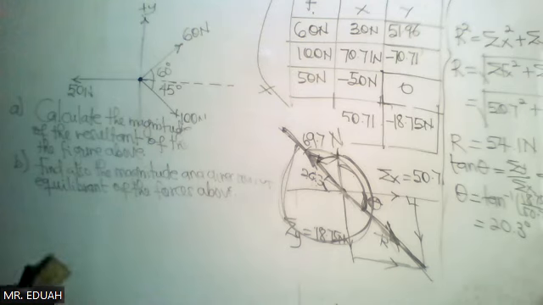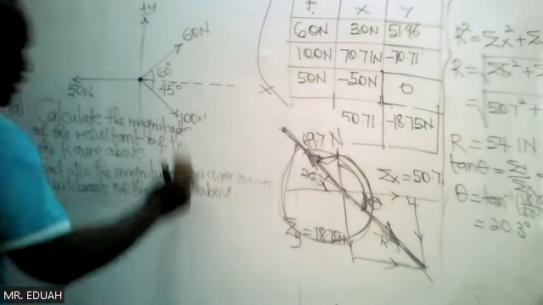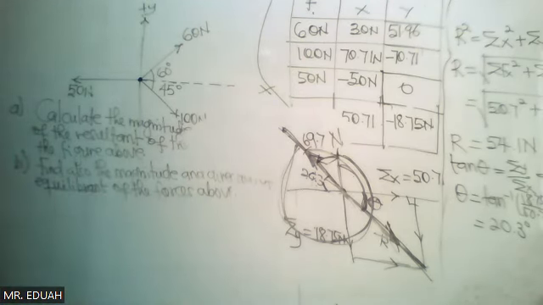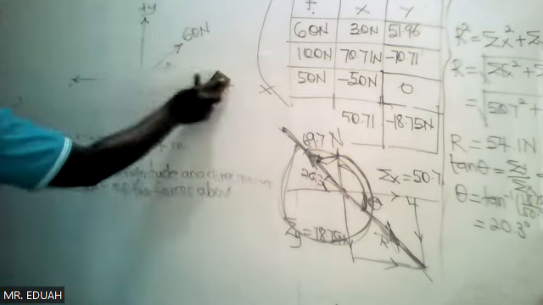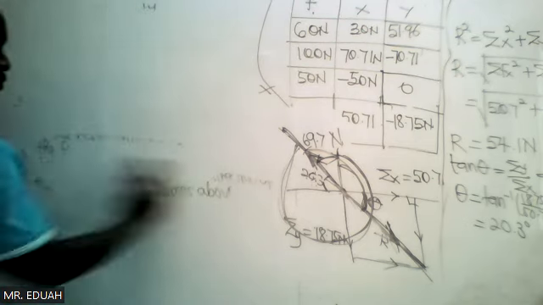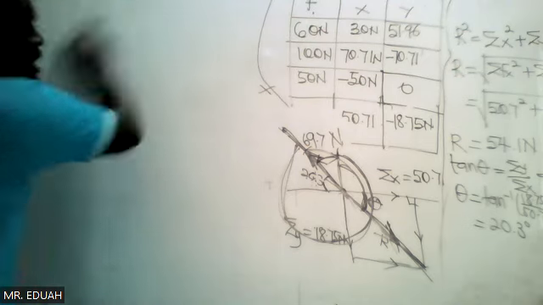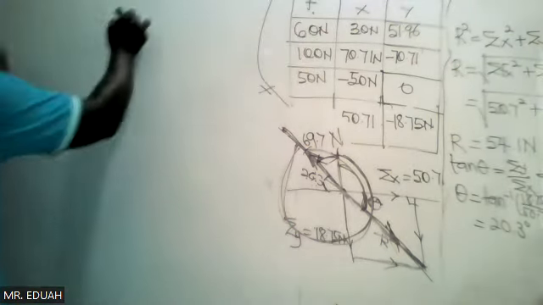Okay, another way of solving the same question, determine the magnitude and direction of the equilibrium, is this. Let me clear this part. What are the coordinates of the resultant?